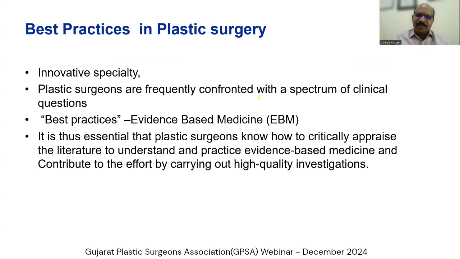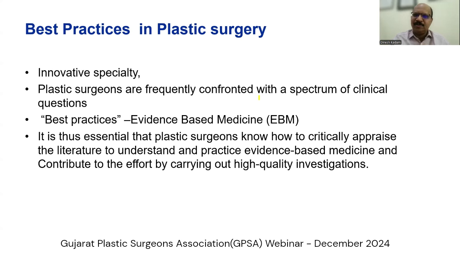Best practices in plastic surgery, of course, is because of the innovative specialty. We have a variety of procedures. The spectrum is very large, and we are going to have a lot of research questions. And the evidence-based medicine becomes much more important in this to adopt a best practice because basically evidence-based medicine is something which you have a very high quality the literature which you adopt it to your practice, to your patients, in your hands, in your setup.